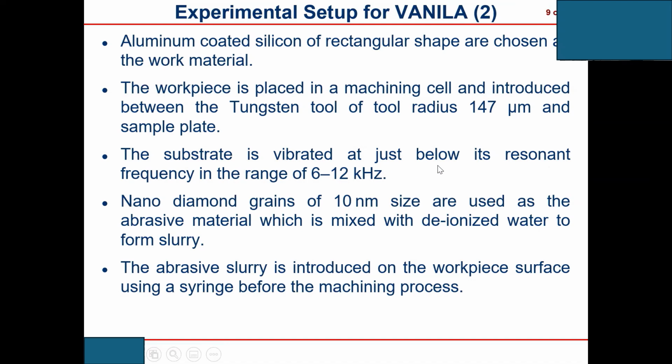You can see this is different from what I showed you at the very beginning. As long as you can accomplish the relative motion between the tool and workpiece, that is okay. Previously I said the AFM head is moving, but not this time. In the experiments, the workpiece stage is vibrating.